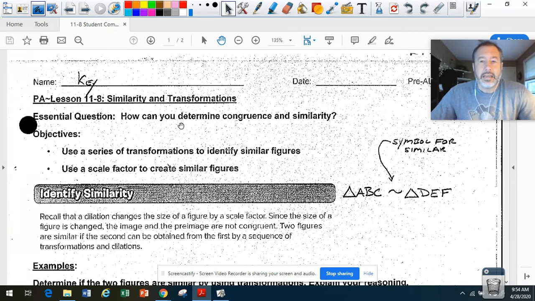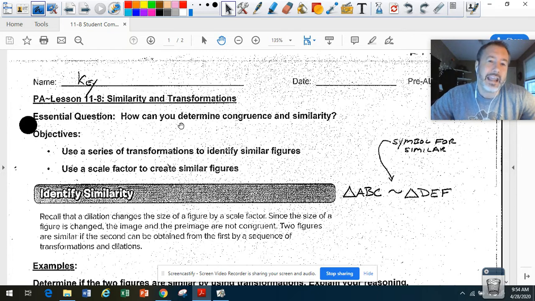So yesterday we looked at dilations. If you remember, we talked about how the shape is still the same, the size is different. All we've done is either expand it with a dilation that's greater than 1, or reduce it with a dilation that's less than 1 but greater than 0.